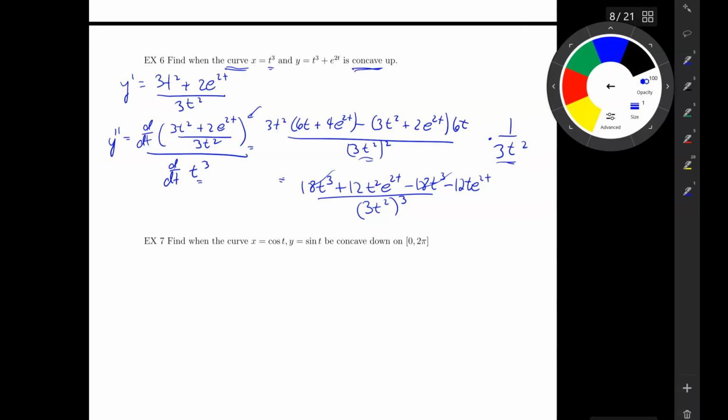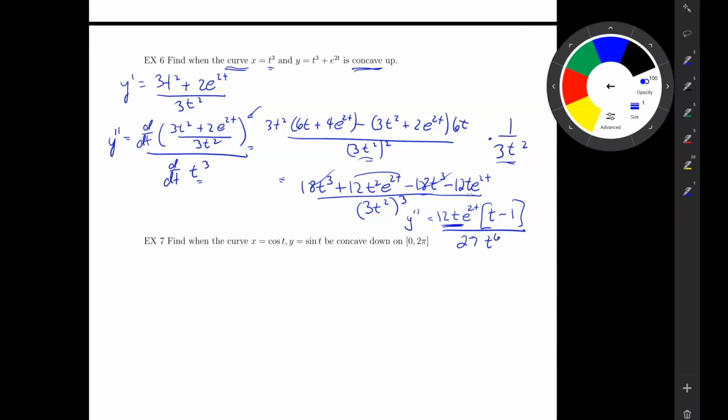And then I've got these two terms on the top that have a lot in common. So I'm going to factor out a 12t e^(2t) out of these two terms. Factoring this out of this term leaves me with a t. Factoring this out of this term leaves me with a 1. And on the denominator, if I was to cube this, I would get 27t to the 6th power. Okay, so that's my second derivative.